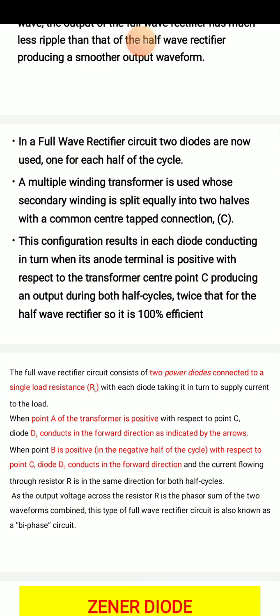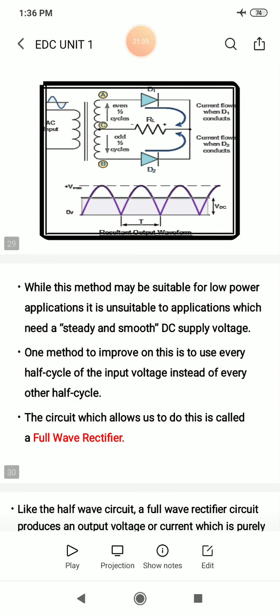In the circuit, the turns from point A to C are equal.